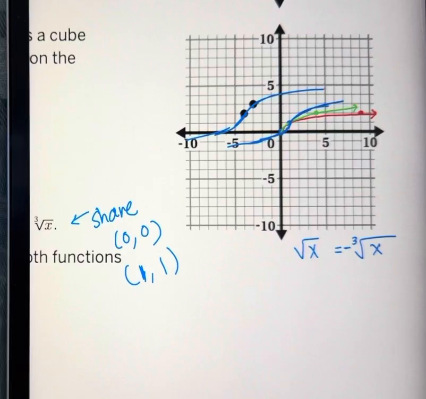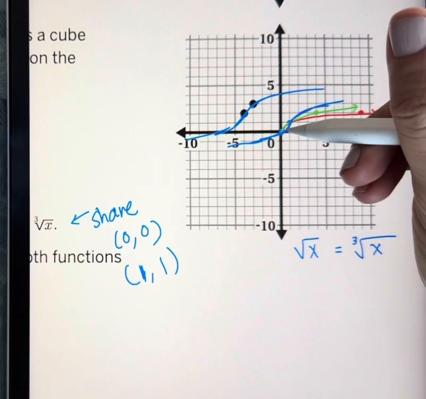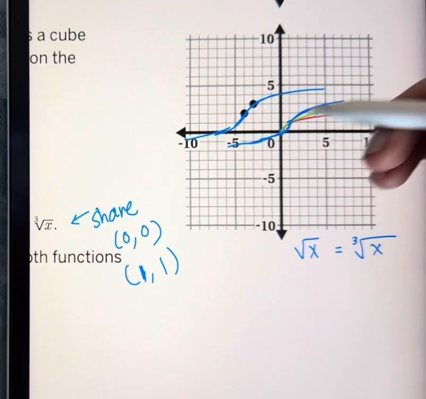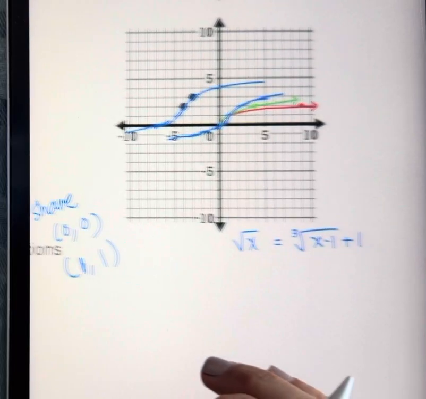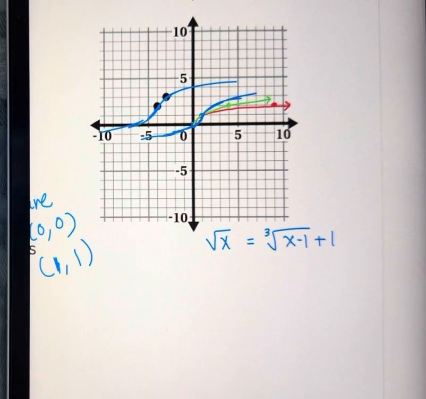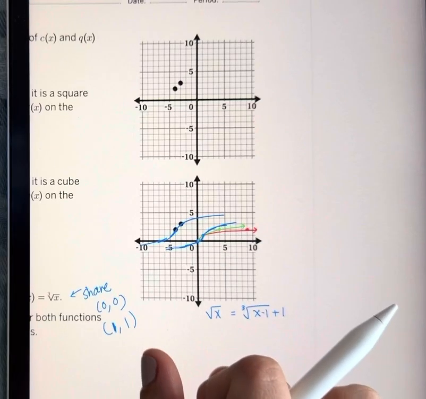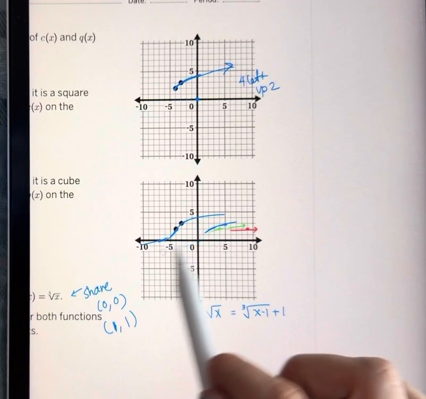No, it wouldn't. Just kidding. That would be the cube root function moving up 1 and over 1. So -1 and +1. Okay, I think we might be getting somewhere now. So let me start this over.